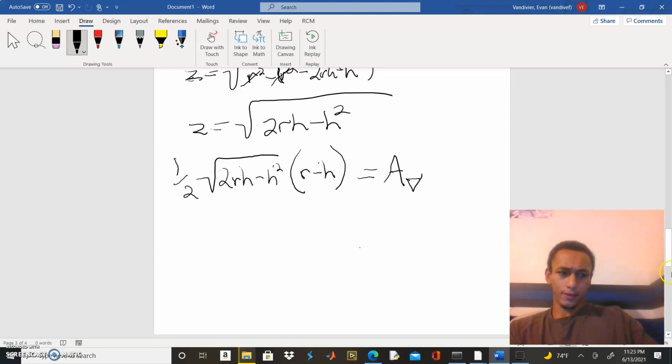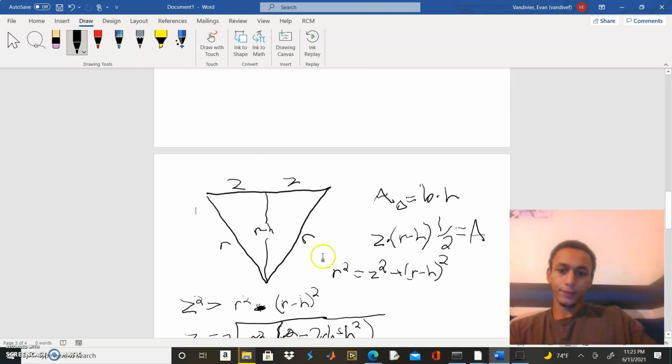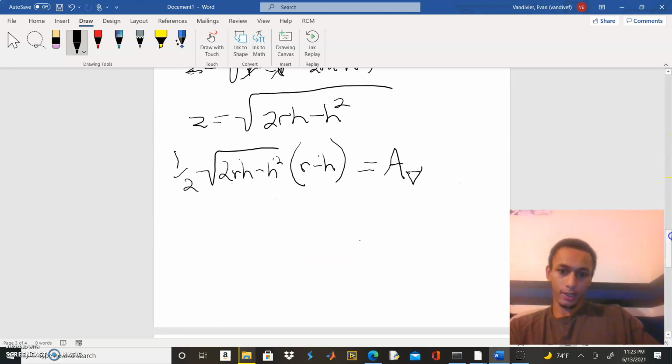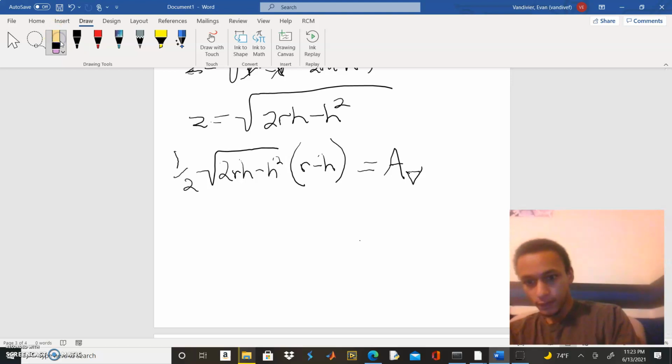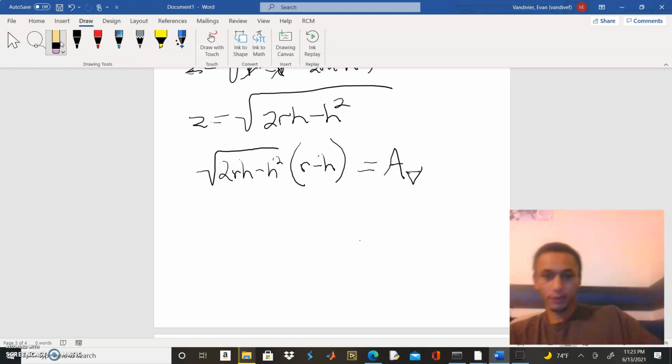But that's the area of one triangle. We have two, so we can multiply this expression by 2, and we can just get rid of the half. So that is the area of both triangles.